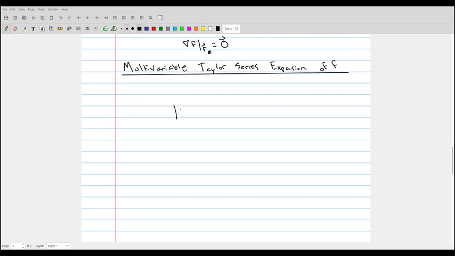So recall that in 2D, the Hessian matrix of a function is the matrix of all of the second partial derivatives of the function. So for a function of two variables, it's a 2 by 2 matrix.